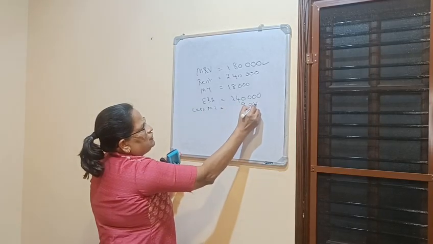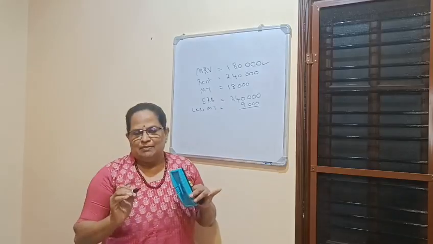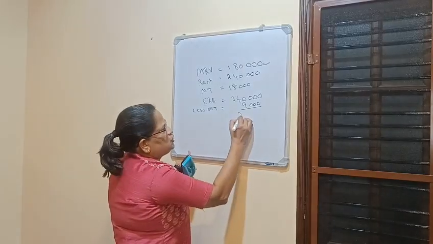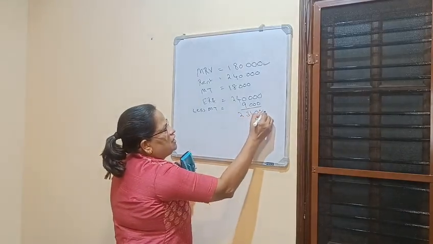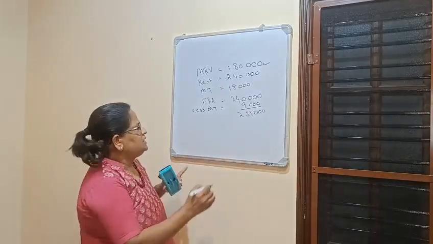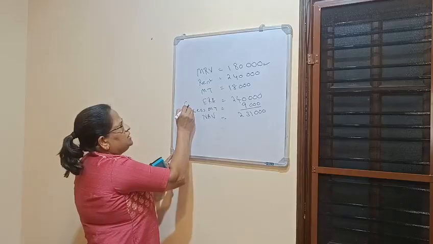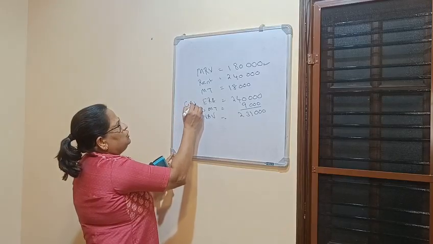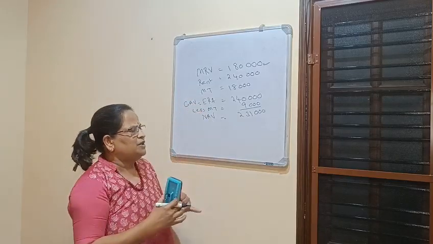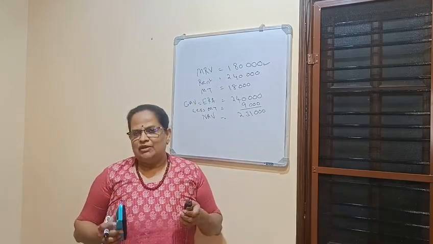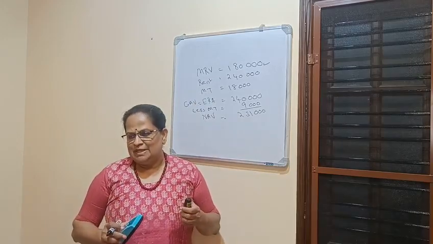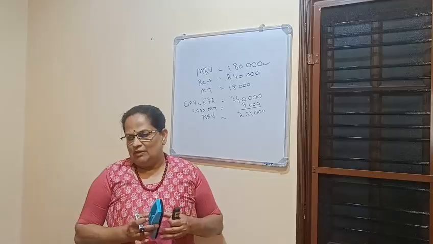So we have to reduce 50% of that, as the portion paid by the tenant is not allowed. So 2,31,000 is the net annual value. Since no other information is available, this is the gross annual value. From gross annual value we have reduced municipal taxes, so we are getting net annual value.